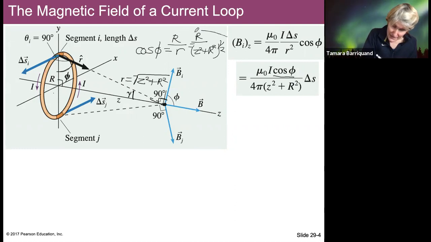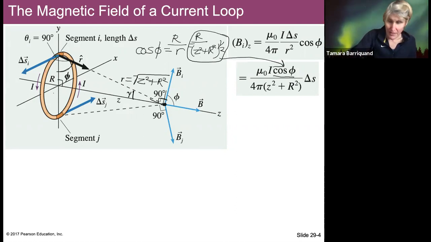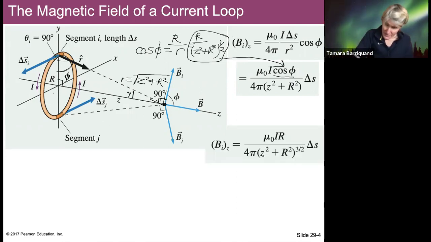So if I take this expression for the cosine of phi and put it in here, I can rewrite this as mu naught I times capital R over 4 pi. And instead of having z squared plus R squared by itself, which was to the 1, I multiplied that by the 1/2 power, so I get to the 3/2.